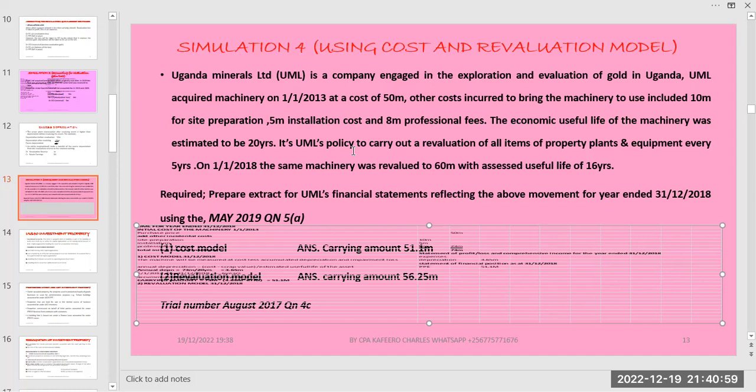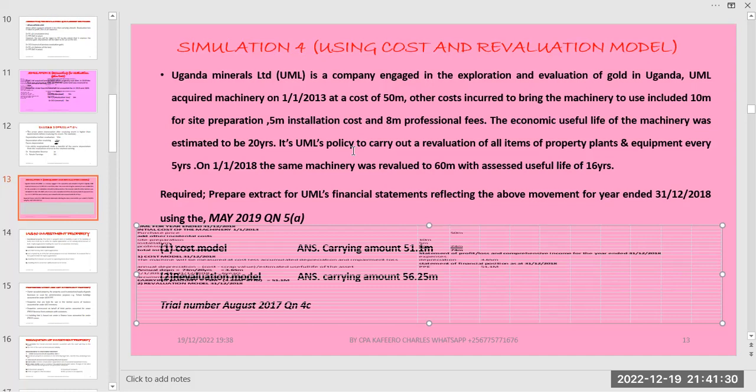Now, we don't compare the cost, but here we are comparing the carrying amount of the asset. In the previous videos, we've been looking at the cost of land because we said the land cannot be depreciated, but this asset now is a depreciable asset. So if it is depreciable, it means by the time they did the revaluation, the asset has suffered some depreciation.